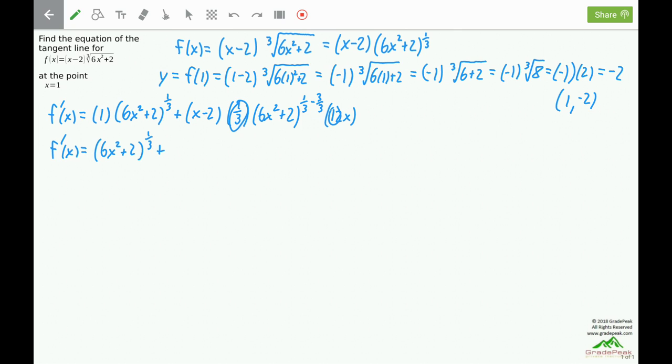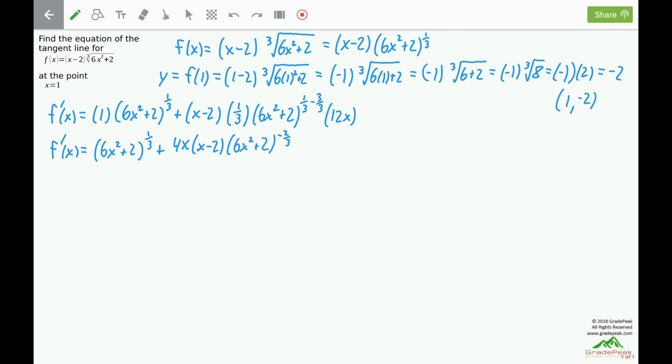I have a 1/3 and I have a 12. That'll be 12 over 3, which is going to reduce to a 4. I have an x right there. I'm going to put that out front. Then I have the x minus 2, and I have a 6x squared plus 2 to the 1 minus 3, negative 2/3 power.